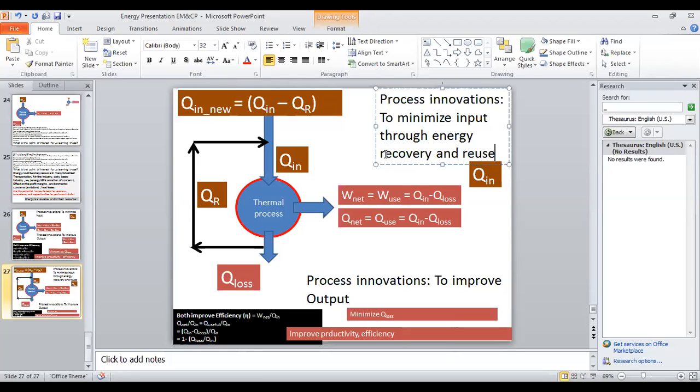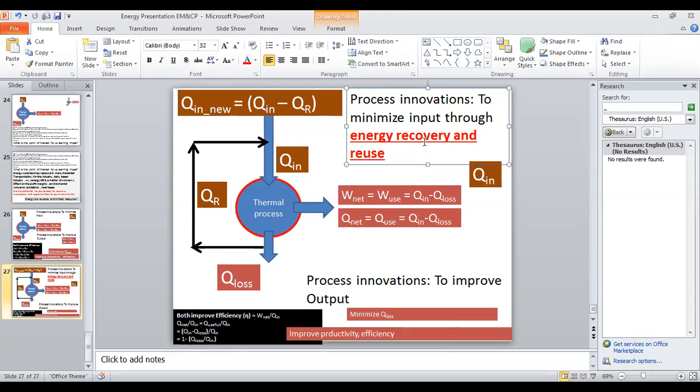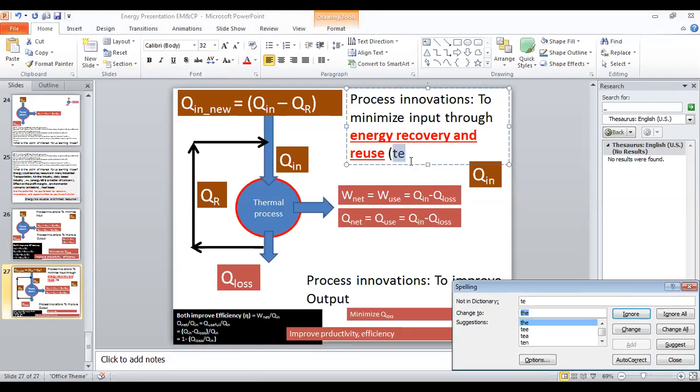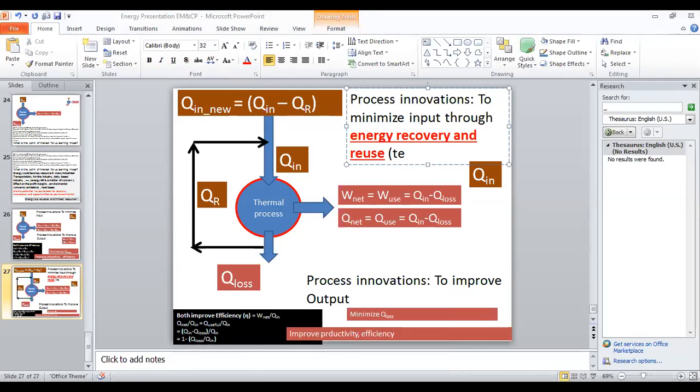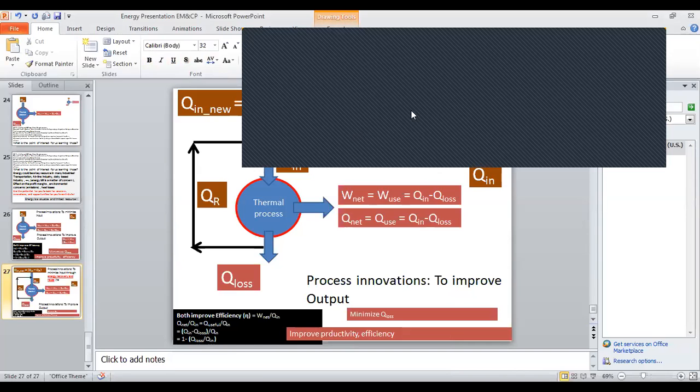Recovery and reuse of energy. So this is very, very important. Energy recovery and reuse. Those are technology innovations.